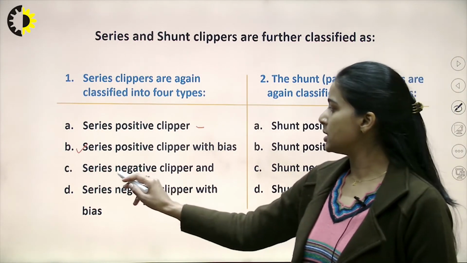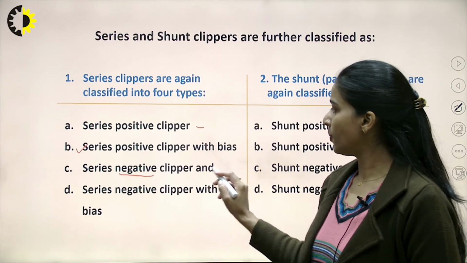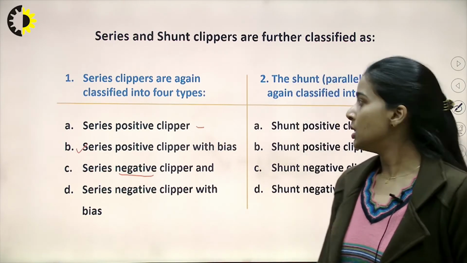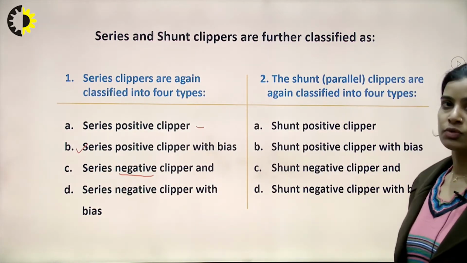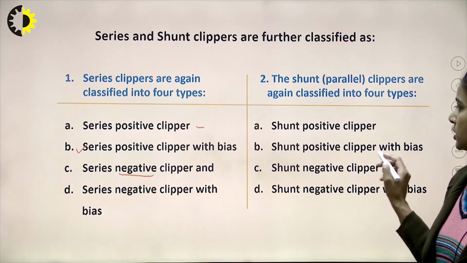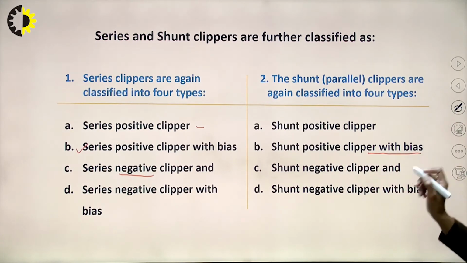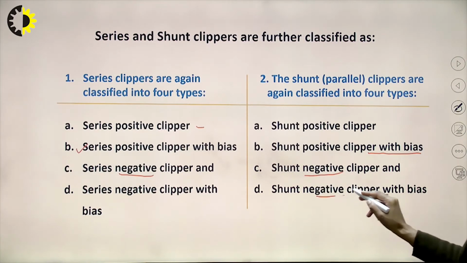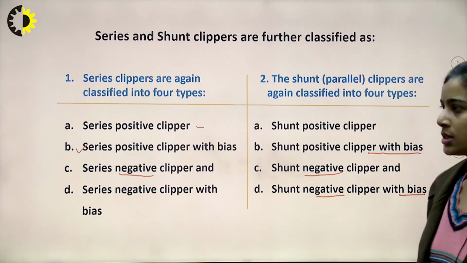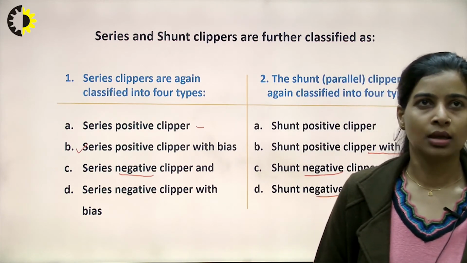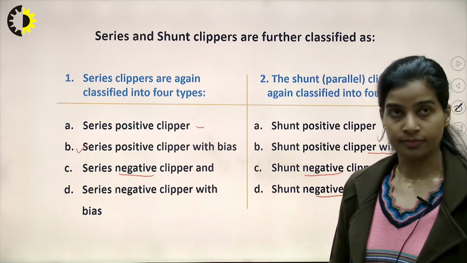Then we have the series negative clipper and the series negative clipper with bias. The same classification is for the shunt clippers: shunt positive clipper, shunt positive clipper with bias, shunt negative clipper and shunt negative clipper with bias. One by one I will discuss all these clipper circuits.